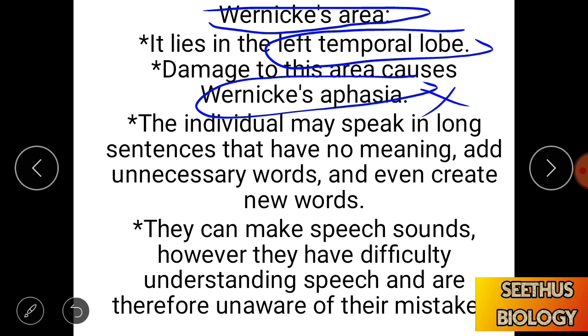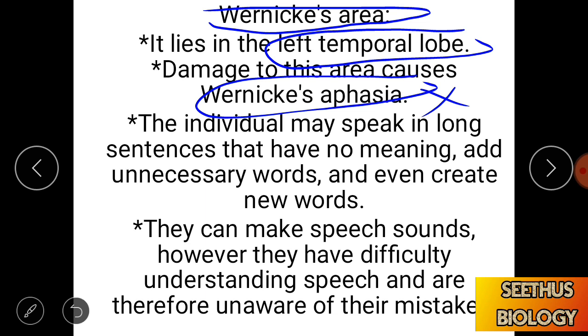Unnecessary words can come out of his mouth. They can make speech sounds, but there is no meaning in their words and no proper sentences.